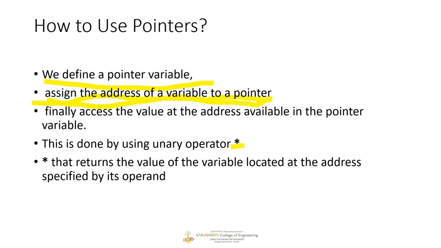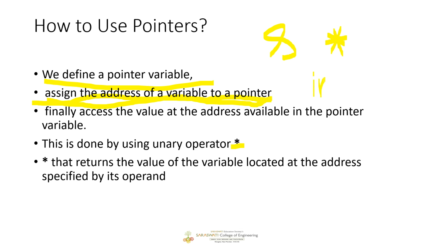As of now, remember, ampersand is the address of operator, star is the value of operator. Ampersand will give you the address of any variable and star will give you the value at that address.